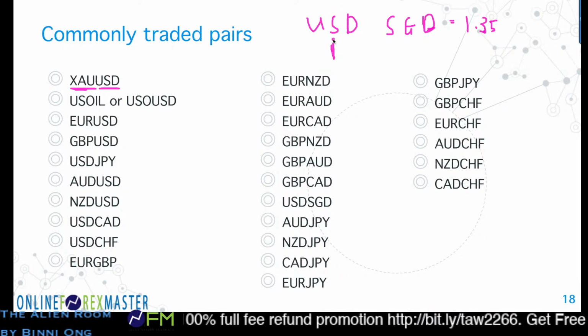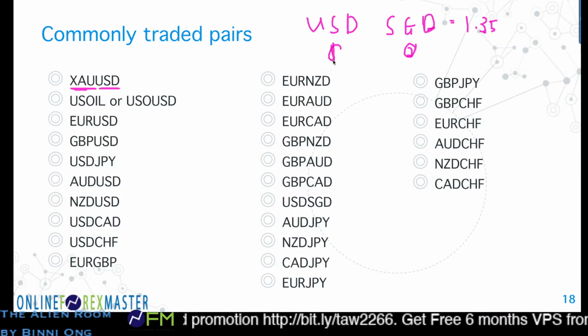We call the first currency the base currency, and we call the second currency the profit currency. That means your base currency will always be equal to 1, and your profit and loss will always be in the second currency.